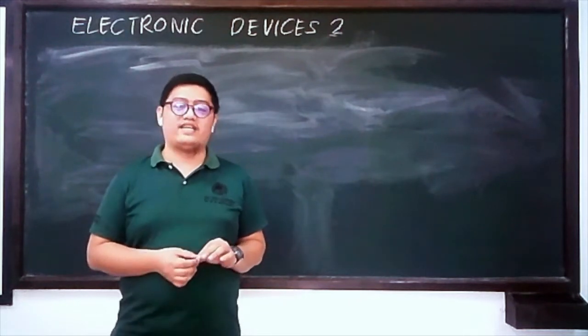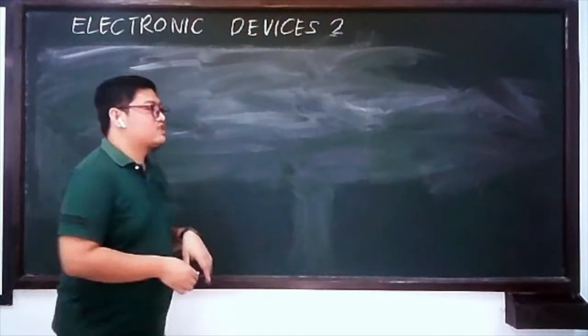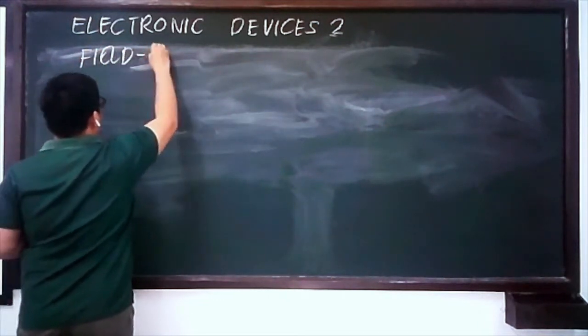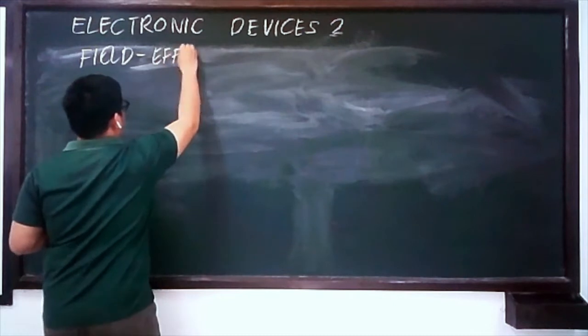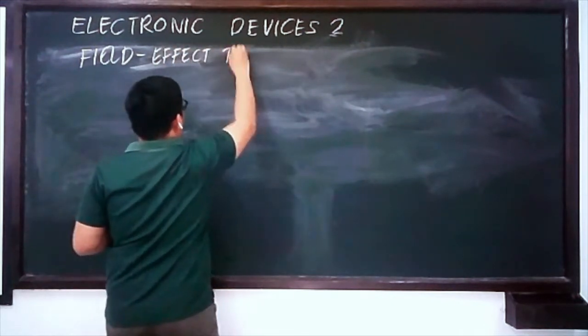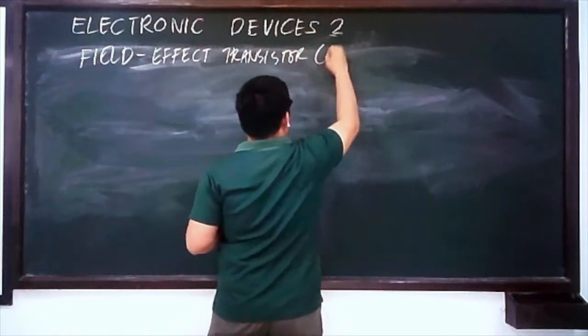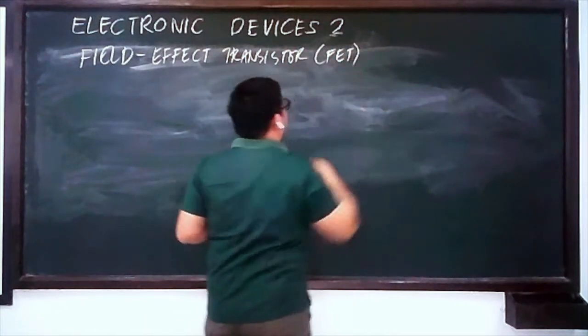Okay, so for our Electronic Devices 2, the discussion starts with this very common type of transistor, which is your field effect transistor, or commonly known as your FET.